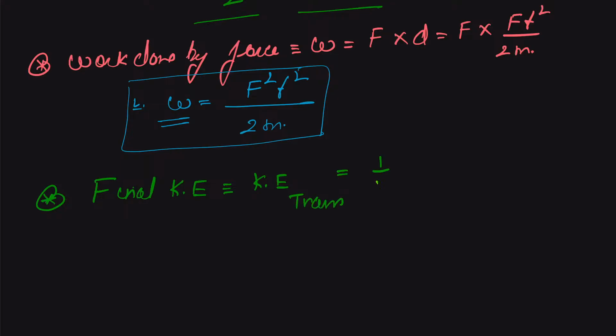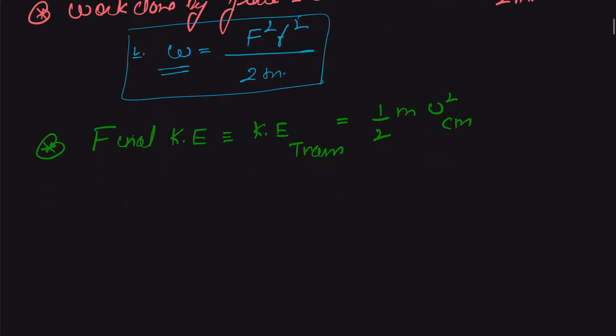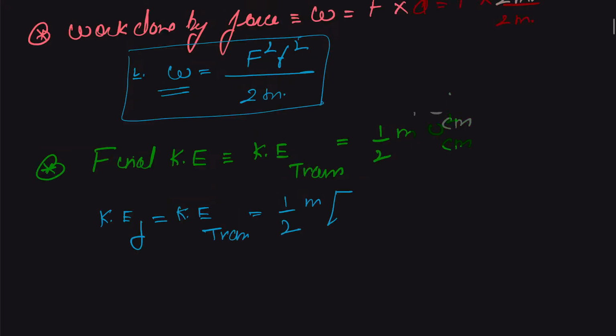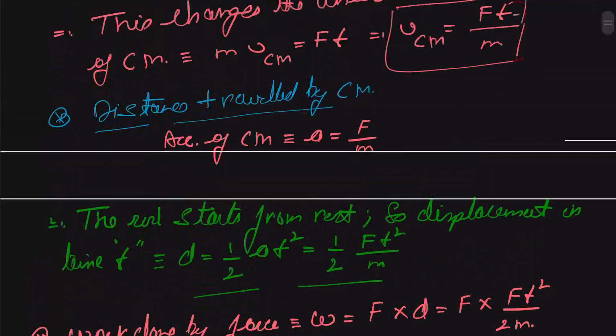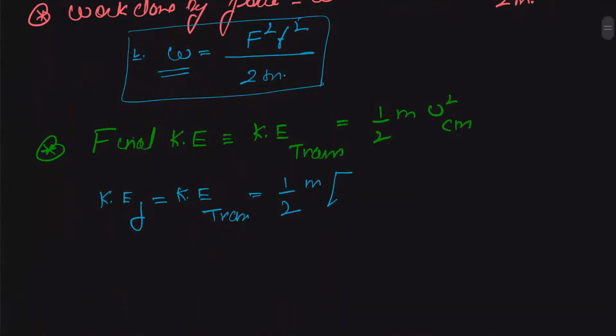Which will be coming as half m times the velocity of our center of mass squared, and VCM we already know. Therefore we can say that our kinetic energy final, which is our translational kinetic energy, will be equal to, substituting the value of VCM, half times Ft upon m, whole square.